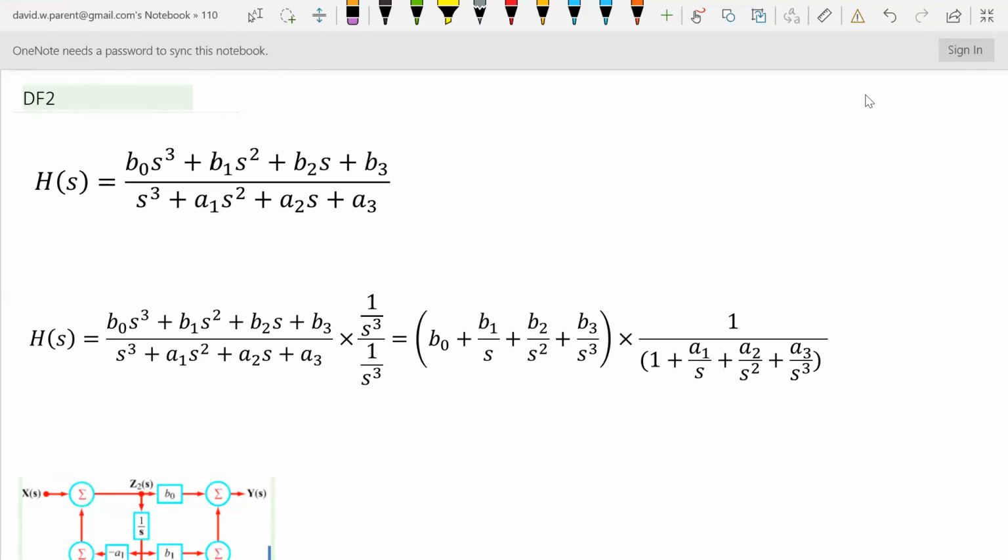So there is no a0. Then we have a1 times s squared, plus a2 times s, and then just a constant. So this is like standard polynomial format. And we'll find that we will not always have every order of s in the denominator and the numerator.